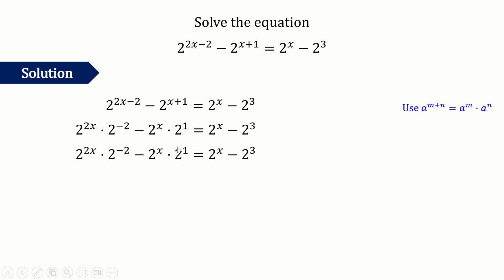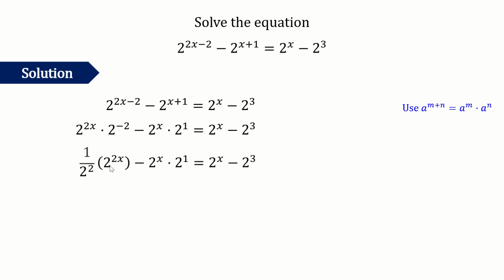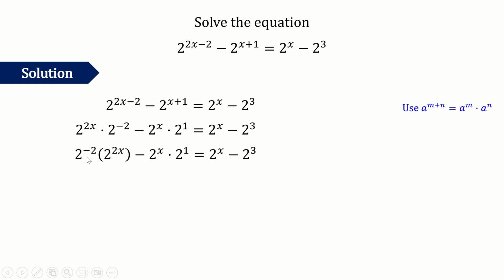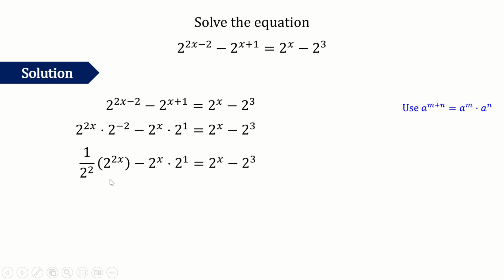Okay, and then we can simplify this further. So 2 to the power of negative 2 is equivalent to 1 over 2 squared. 2 squared is 4, so 1 over 4 here, and 2 to the power of 1 is just 2.